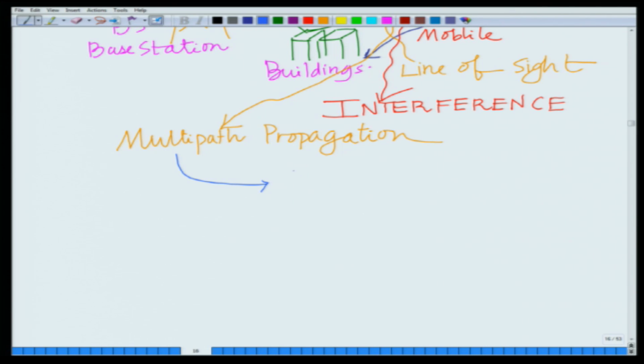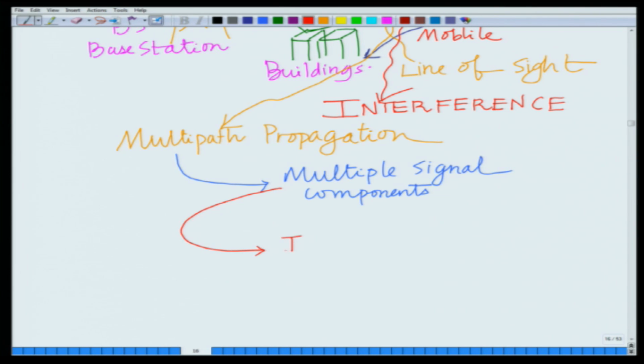Multipath propagation leads to multiple signal components, which in turn lead to interference.